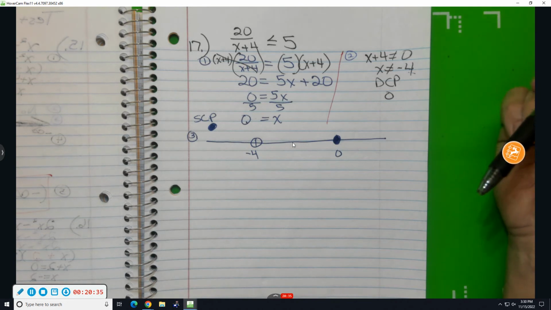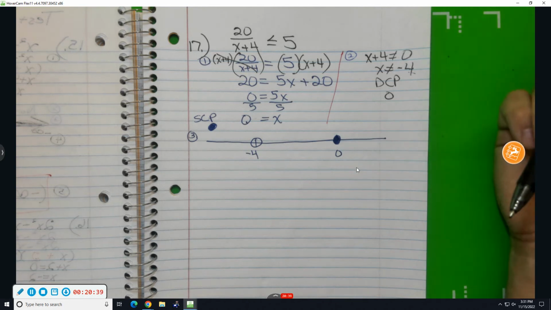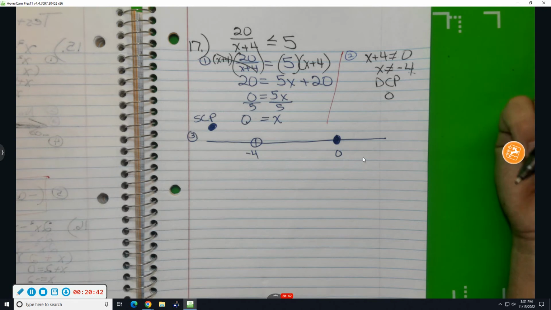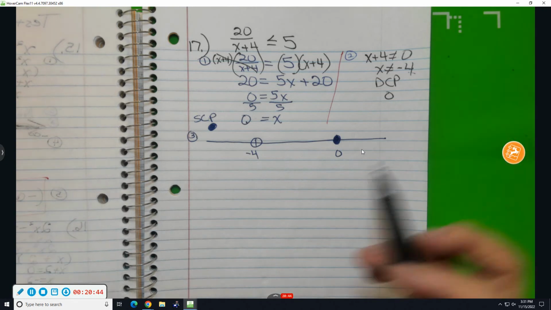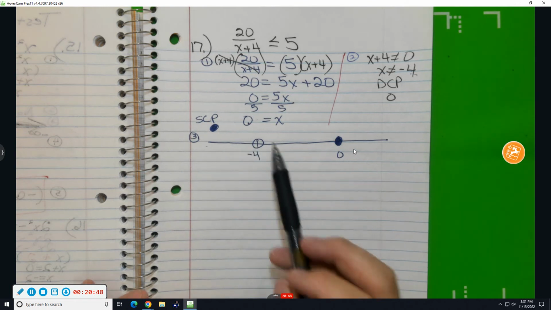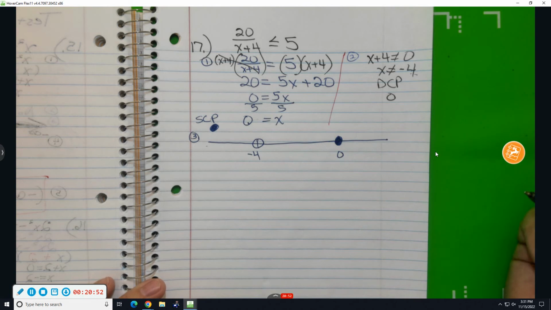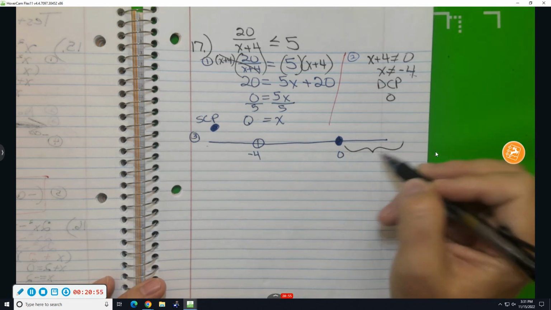So I can't check 0. How about, give me another number that's easy to plug in. 2? Where's 2? To the left of -4, between -4 and 0, or to the right of 0? So I'm going to test 2.